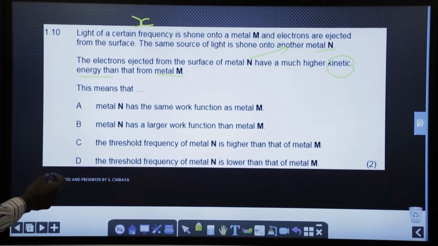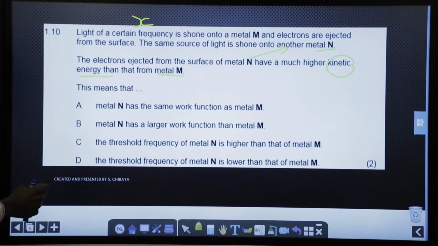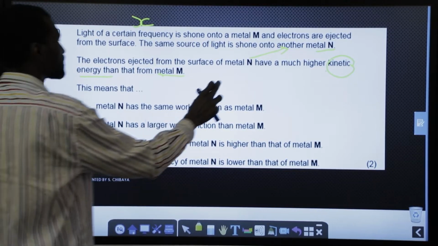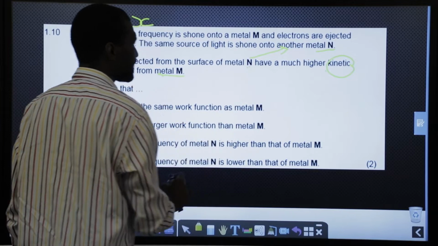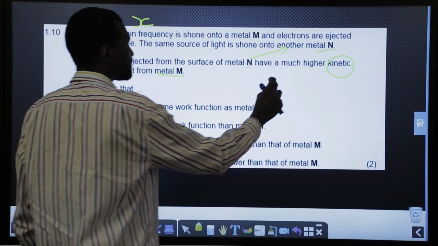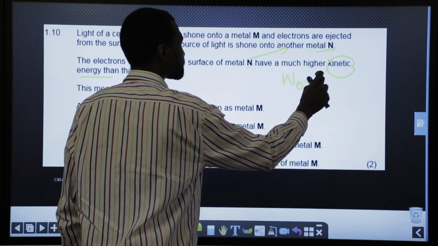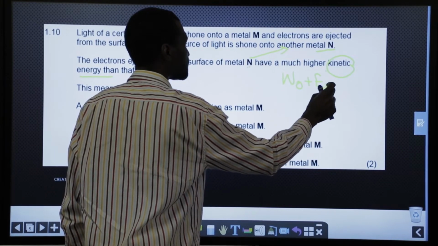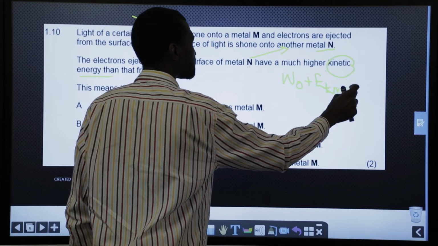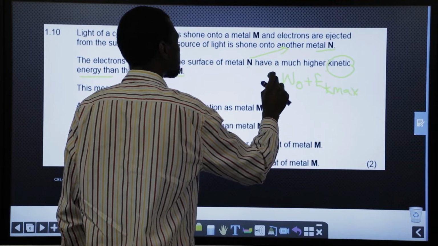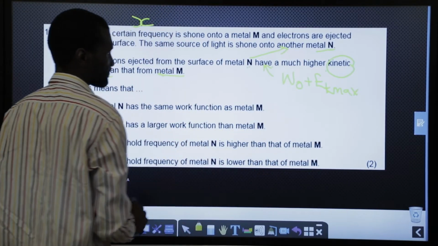This means that, what do you think? If they've got a higher kinetic energy, it means that the W0 plus EK max for this one is greater.